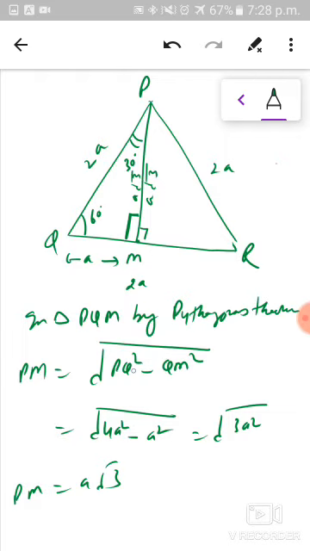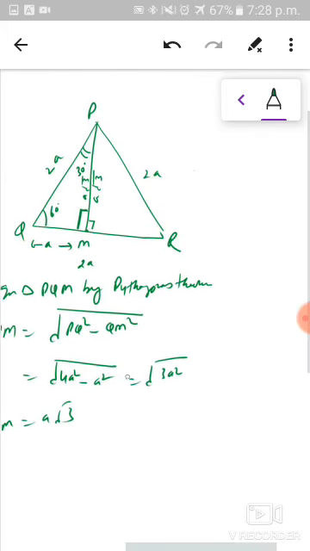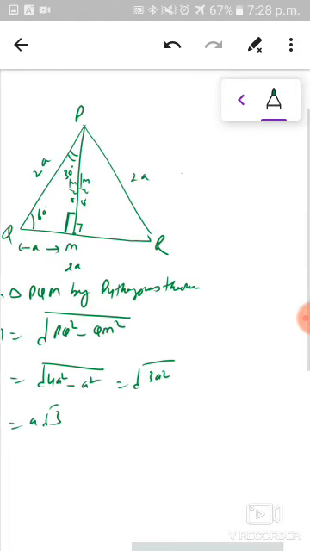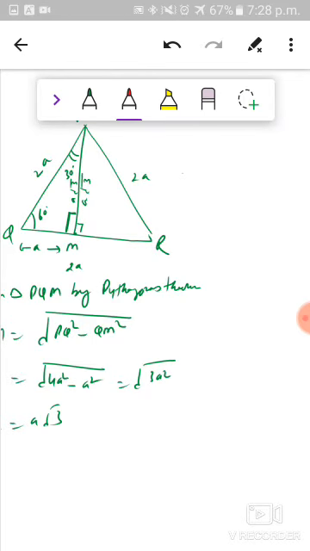Okay. Suppose I am going to find the value of sine 30 degree. So we know sine is the ratio of perpendicular and hypotenuse.